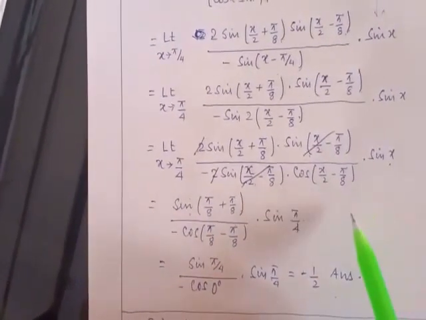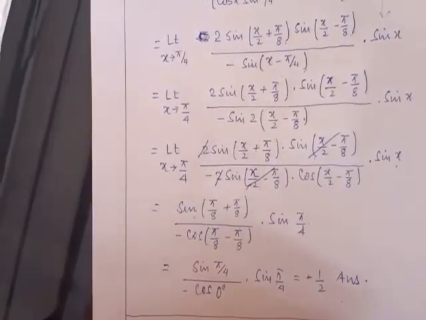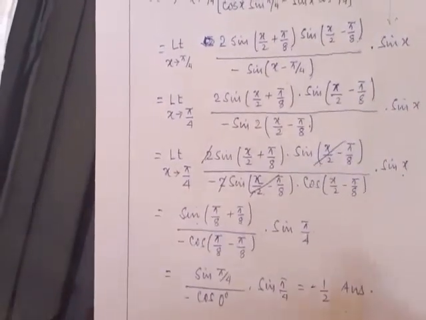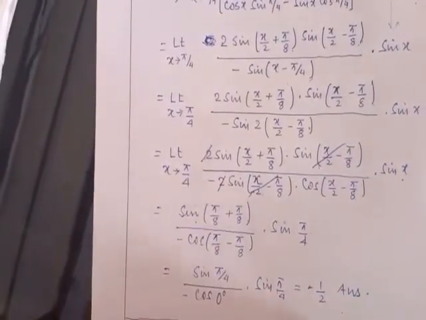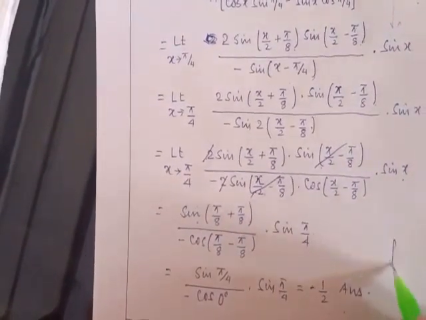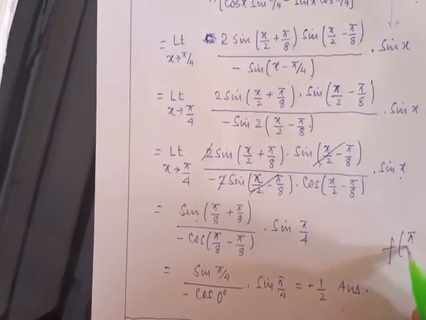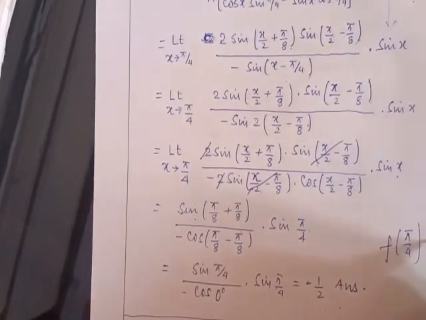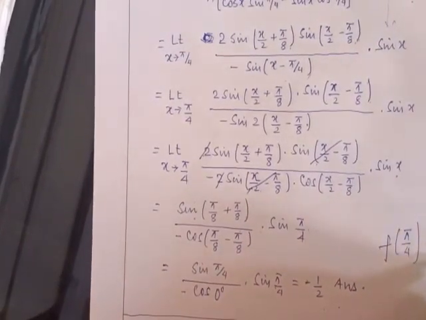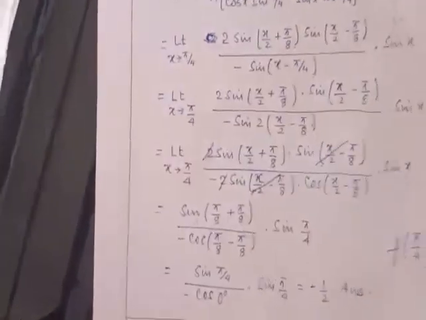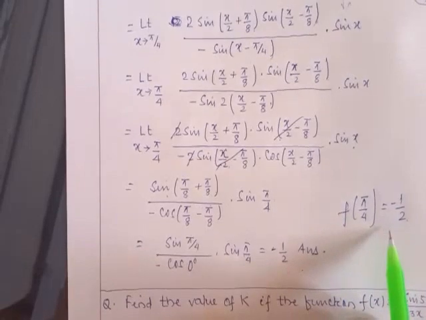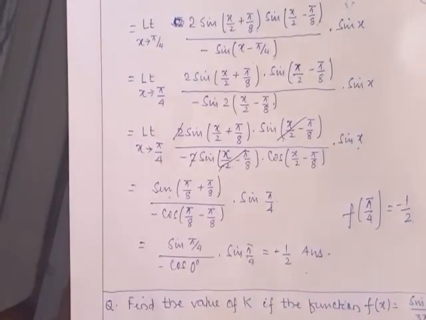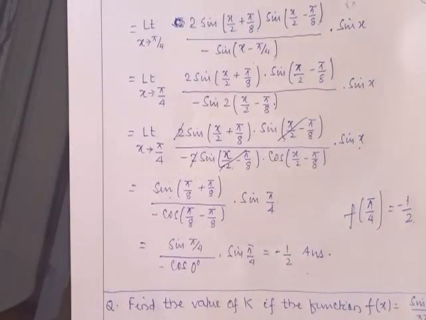So students, this is one major problem that needs more simplification, which gives the value of f(π/4) equal to minus 1 by 2, which is your result.